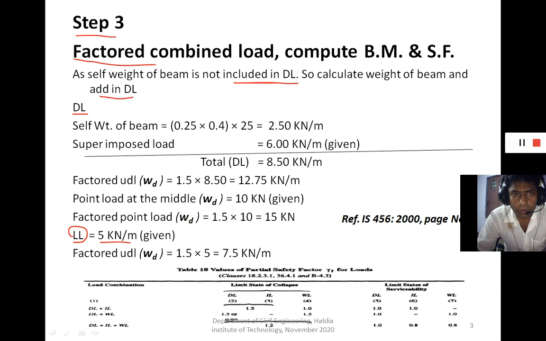So self weight of beam is how much? This is size of beam 250 into 400. Then size of beam is multiplied with unit weight of RCC, that is 25 kN per meter cube. Okay, the unit is kilonewton per meter cube.